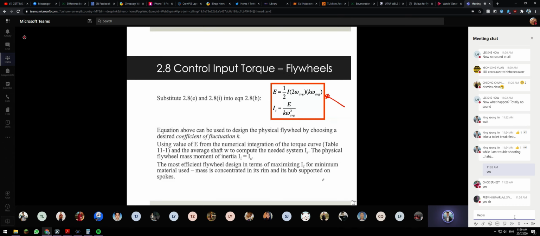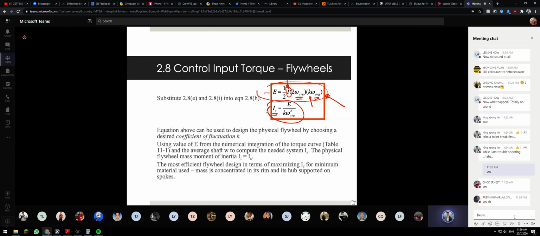Then we try to rearrange it in order to find the I, because if you look at the whole equation, this is the average rotating speed. This is the coefficient of fluctuation. So this is the only one related to the flywheel. So we can rearrange this equation and make it a function of the mass moment of inertia for the flywheel.